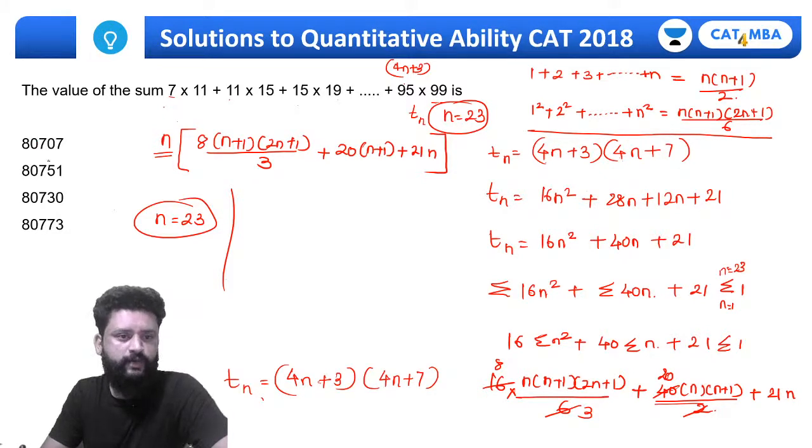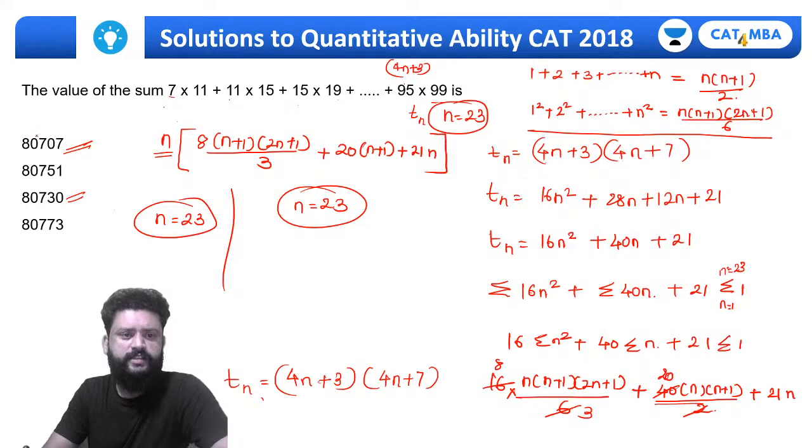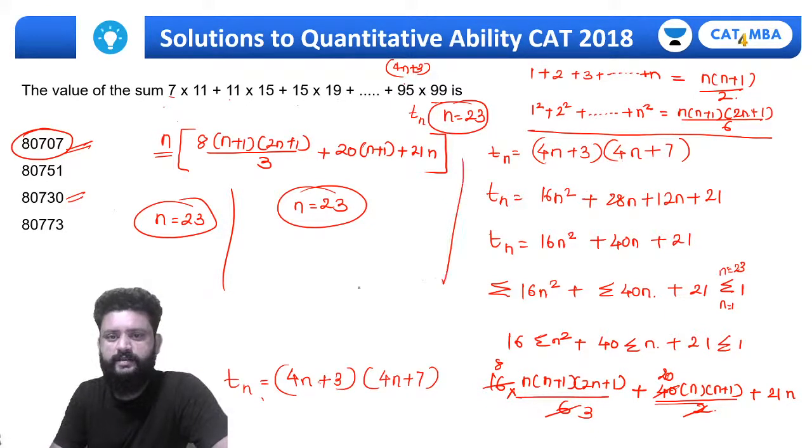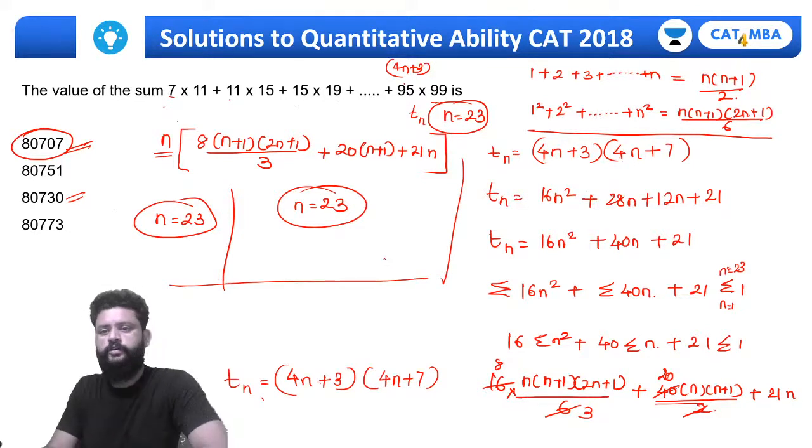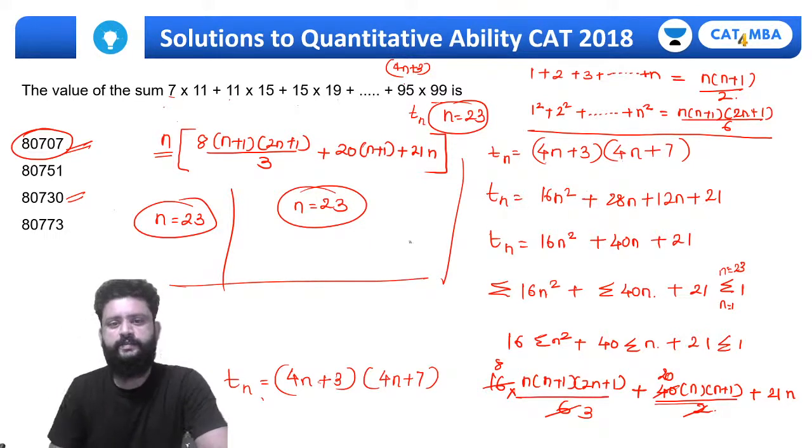But the problem is this is divisible by 23, this is also divisible by 23. If you put the value of n as 23 and calculate this part, your answer will be 80707. You can do it with the help of a calculator.